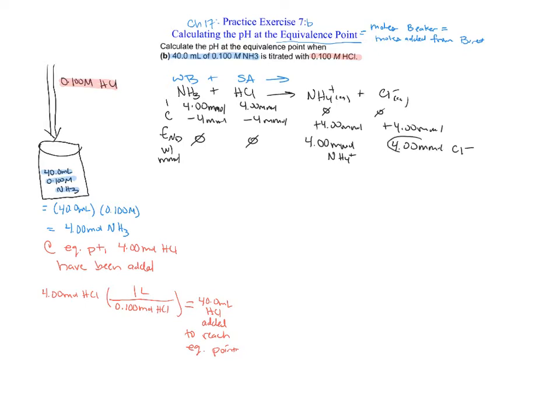So right away, I remember that chloride is the conjugate base of a strong acid, so it does not affect the pH, so we can ignore it. Review Chapter 16, the acidic and basic properties of salts, to go over that. And I then also have ammonium. And I recognize that ammonium is the conjugate acid of the weak base ammonia.